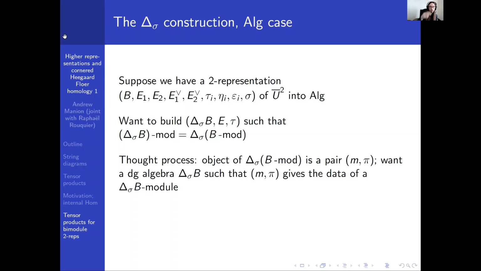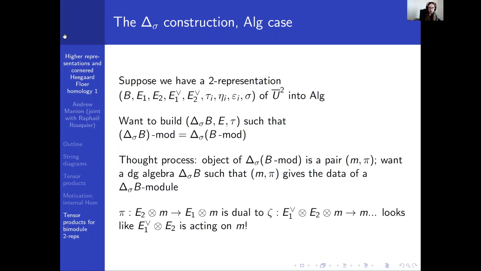I can take B mod, and then I can take delta sigma of that. And I want an object of that to be the same thing as a module over some new algebra, delta sigma of B. That means I want a pair M, pi, because that's an object of delta sigma of B mod, to be the same as the data of a module over delta sigma of B.